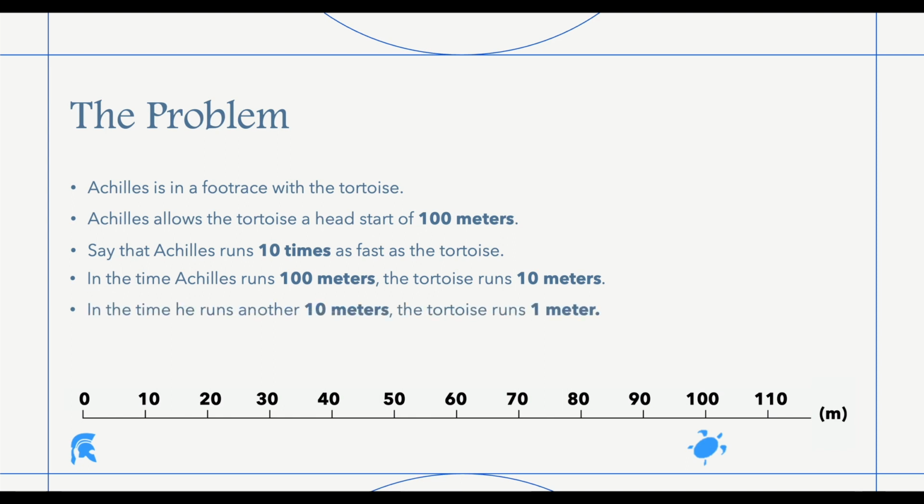When he tries to catch up that 10 meters, the tortoise runs 1 meter, and so on and so forth. When he runs 1 meter, the tortoise runs 0.1 meters, so he can never catch up, right? Well, obviously that is wrong. And this is the paradox.